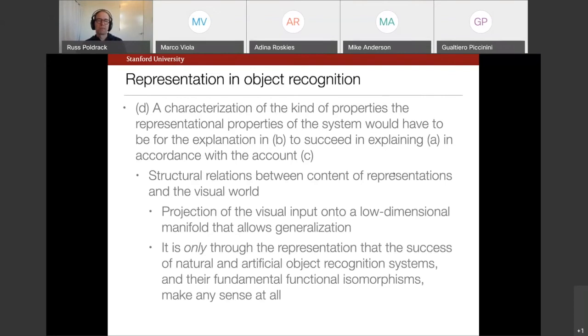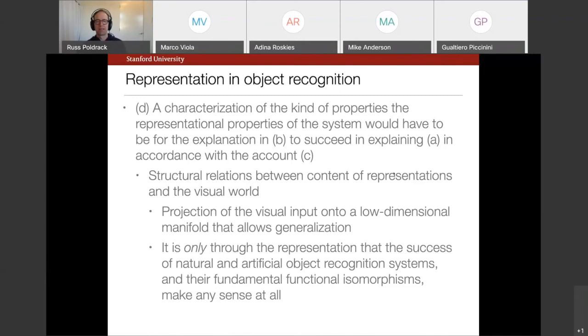Perhaps more strongly is the idea of the structural relationships between the content of the representations and the visual world. The idea being that the visual input is being projected onto a low dimensional manifold, right, that reflects the structure of the world, reflects the structure of, in this case, natural images, right?